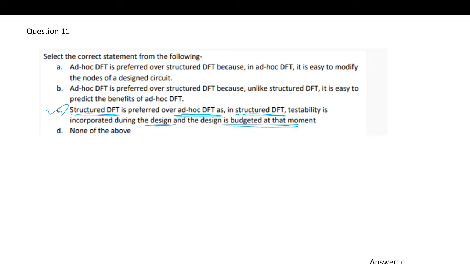Again, for built-in self-test, we have two types, one for memory, MBIST, and one for logic, LBIST. Now we have seen how it is exploding with the number of inputs and the number of gates.